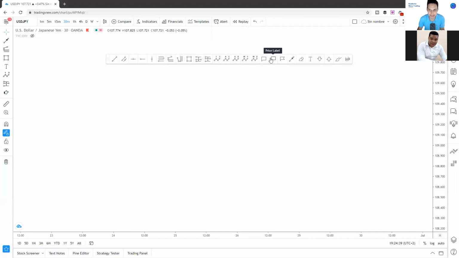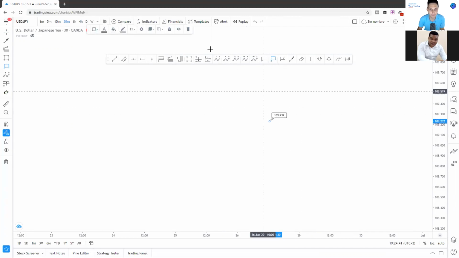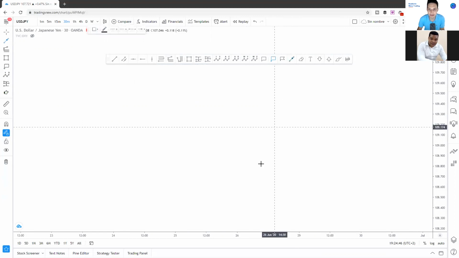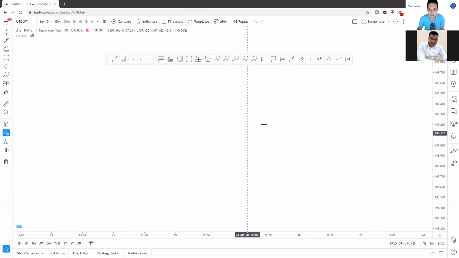This is just to mark a price level, or to have some reference about the market. Here, just a small arrow, okay? And then there are some little things that make the analysis a little bit better, okay? But the main things are the lines and the fib levels, okay? This is the main thing.